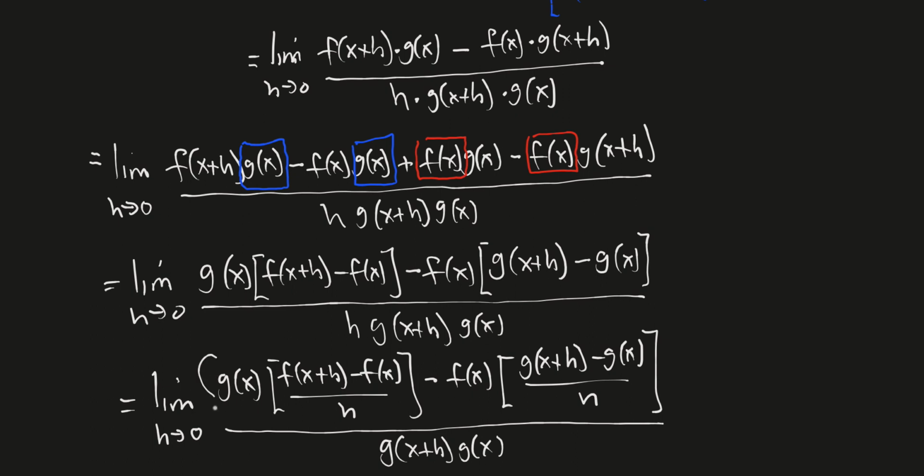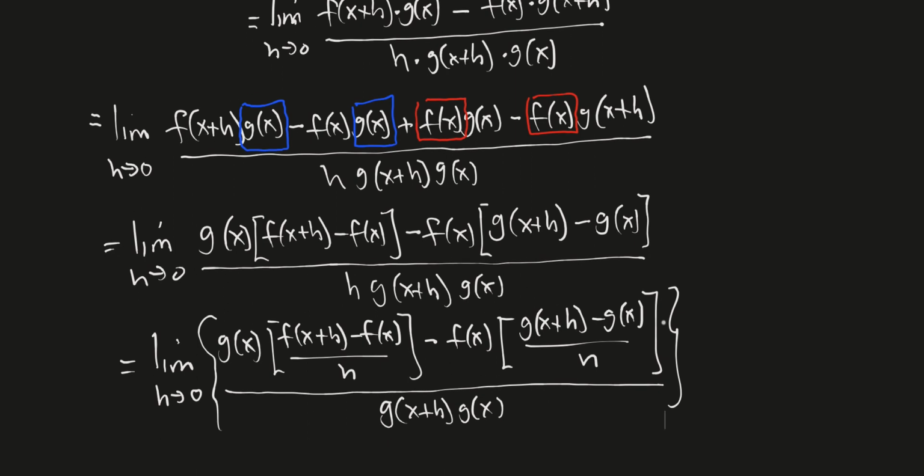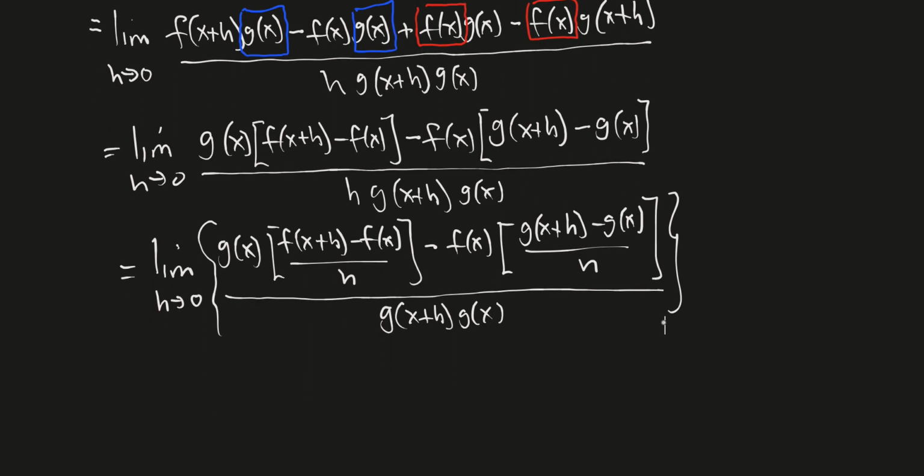And I'm taking the limit of all of this, right? But we have all the limit properties. Then these limit properties, this is what they say. I can take the limit of the g of x by itself and multiply the limit of my first difference quotient for f.